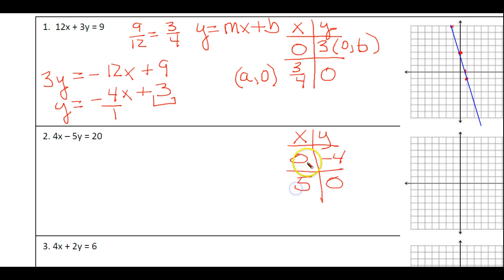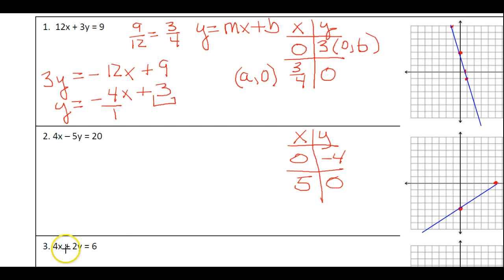So this one's relatively easy. So we're going to go 0, negative 4, 1, 2, 3, 4, right there, and then 5, 0. 1, 2, 3, 4, 5. And then take our line tool, and there's our graph.